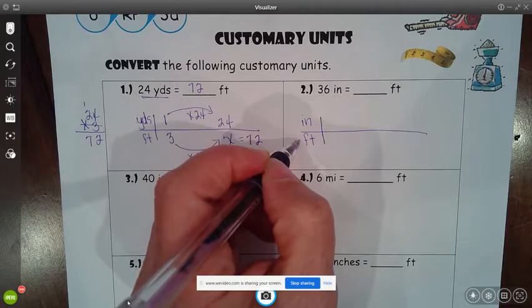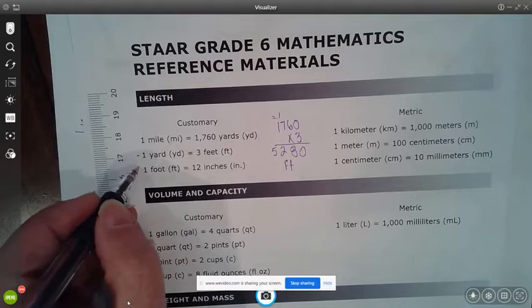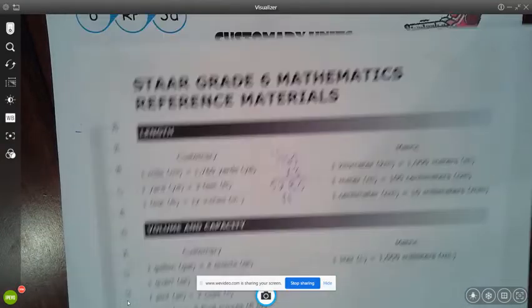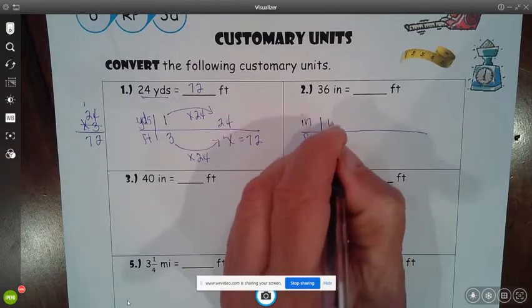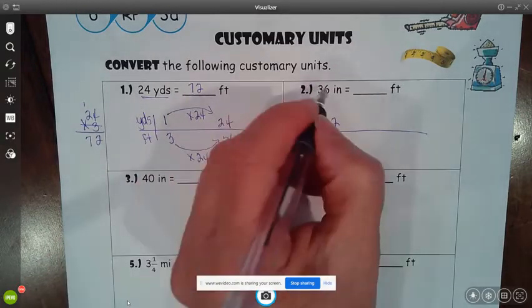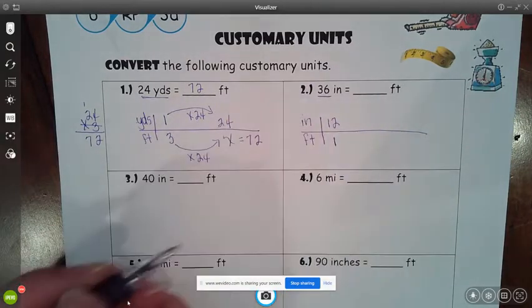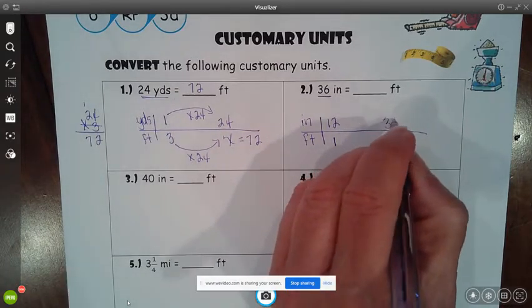Okay, we're doing feet to inches. Let's look at our chart. Some of you may already know 1 foot is 12 inches. So I'm going to take that and put it here, 1 foot, 12 inches, just like that. And then I'm going to plug in my third number. It's labeled in inches, so it's got to go here.